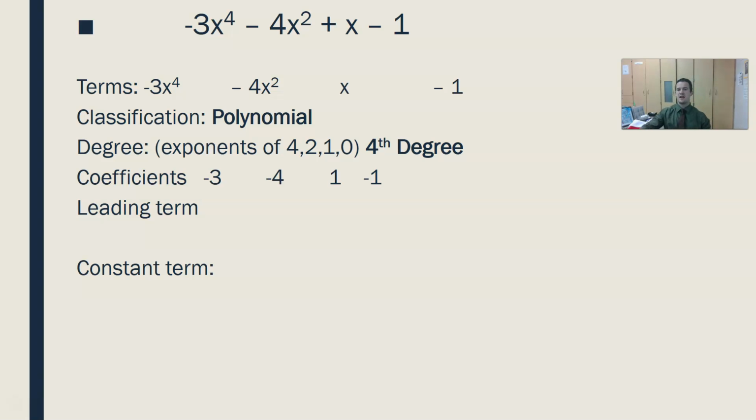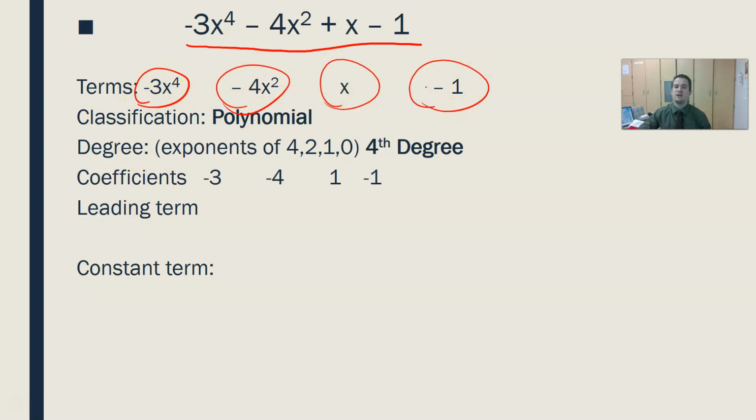So let's take a look at this polynomial. I have negative 3x to the 4th minus 4x squared plus x minus 1. So this has 1, 2, 3, 4 terms. So this is a polynomial with 4 terms. The degree of this polynomial is the largest exponent.